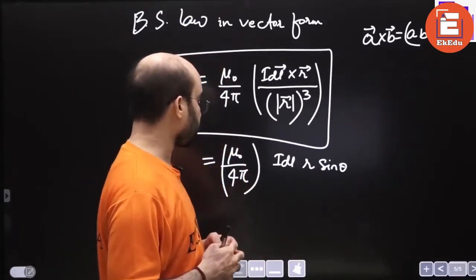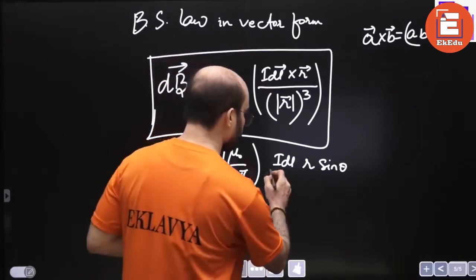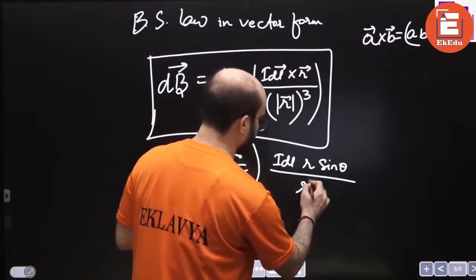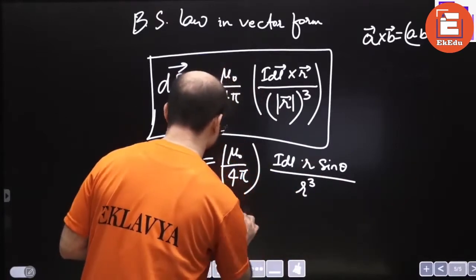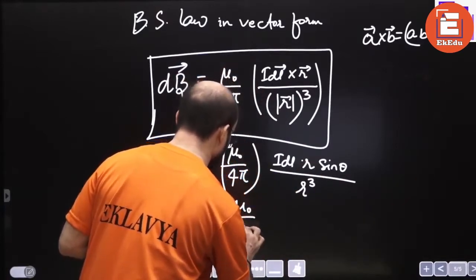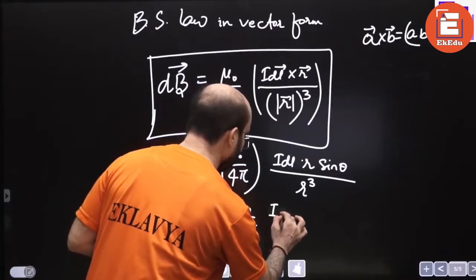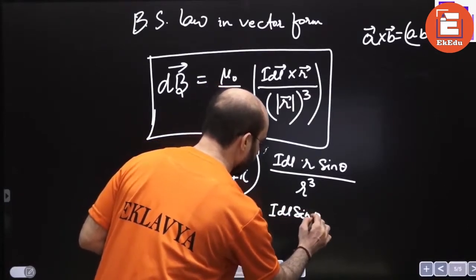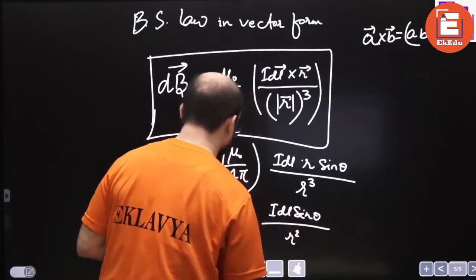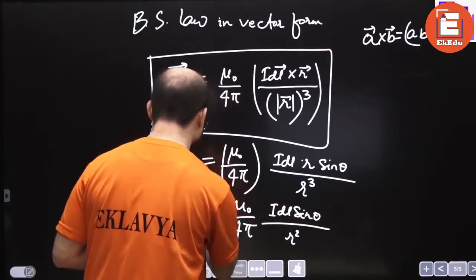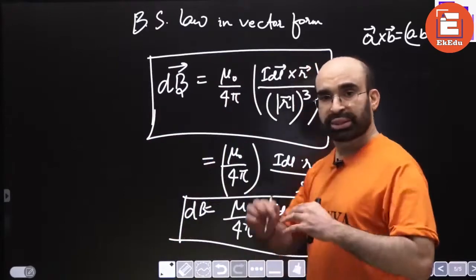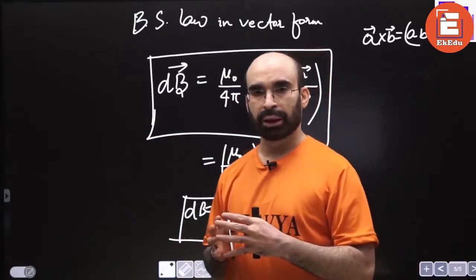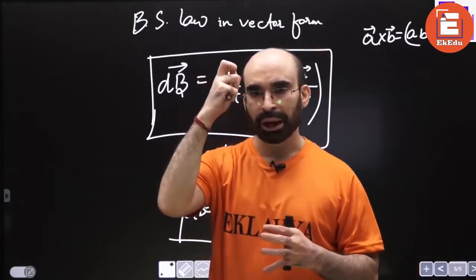Okay, now what is left? This divided by r cube. So finally we are getting it in this manner: mu naught by 4 pi, I dl sin theta by r square. So this is our magnitude. Understood? So this was the law. Sin theta is coming.